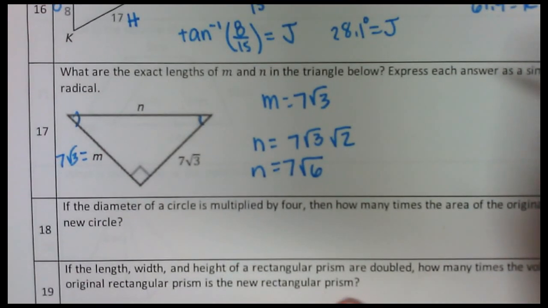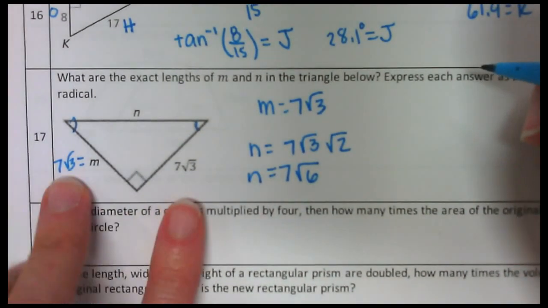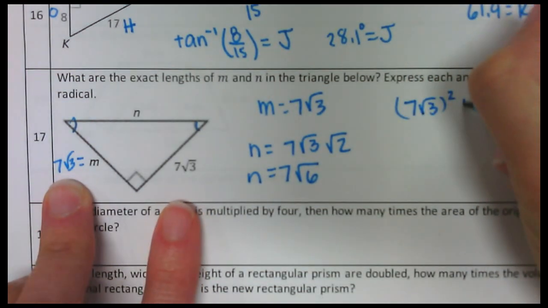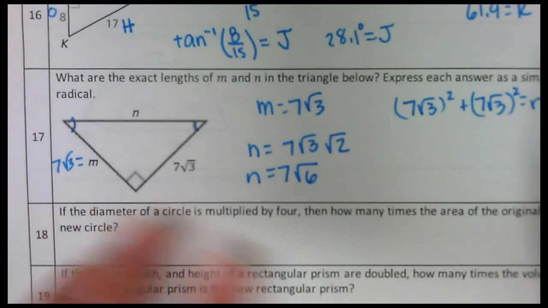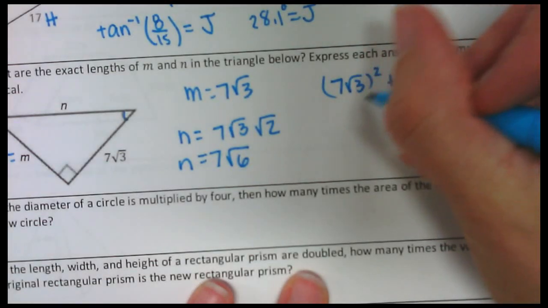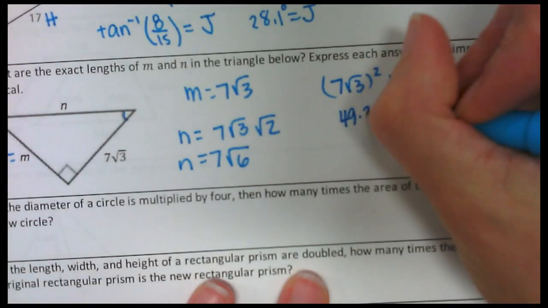Another way to do it is to do Pythagorean theorem with this information. It takes a little bit longer, but you'll get the same answer. So if I square this, it would be 49 times 3.